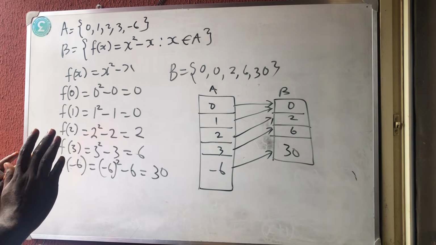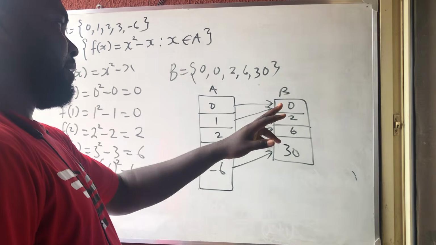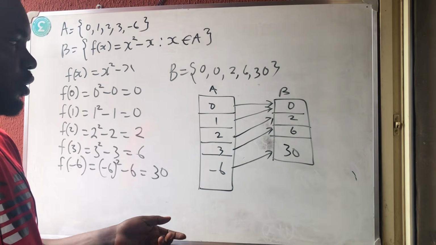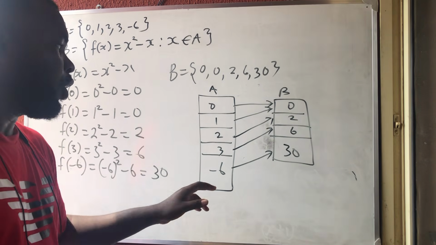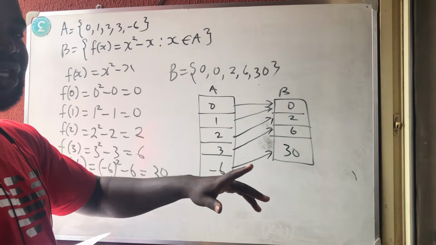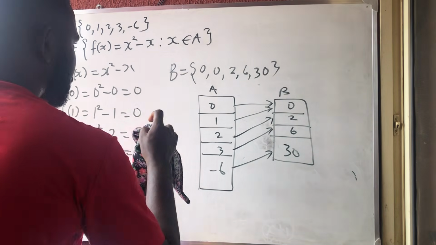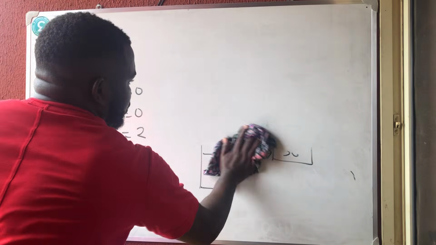So in a simple short form, we say that many to 1 is a function, but 1 to many is not a function. Look at it now. Many people now to 1, you can say is a function, correct? But 1 person to many people is not a function. So you need to note that.